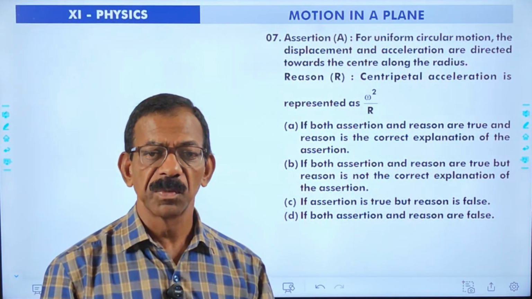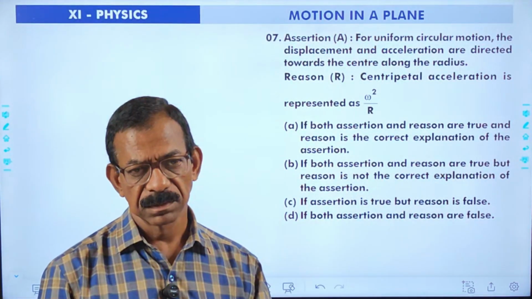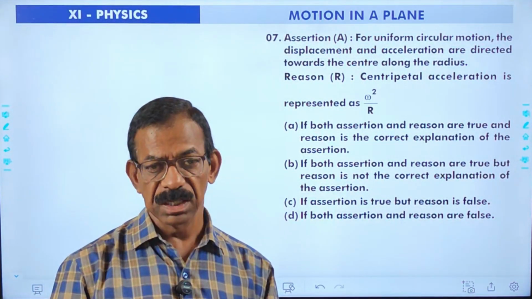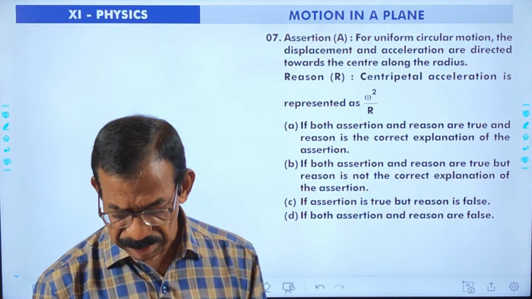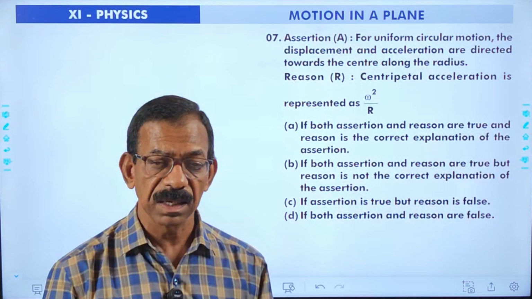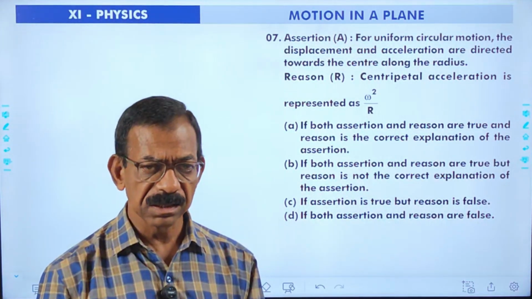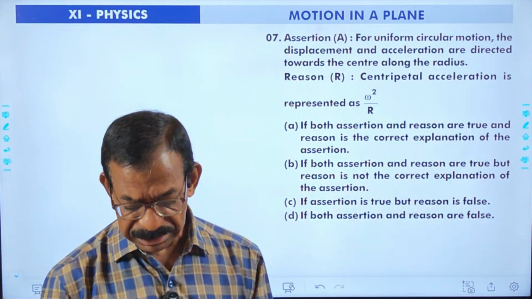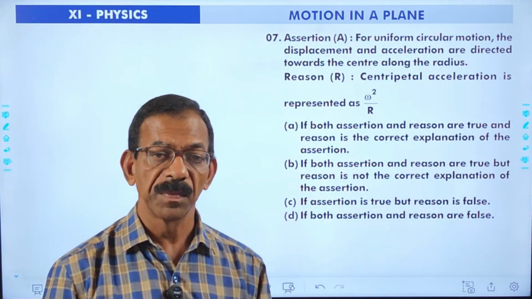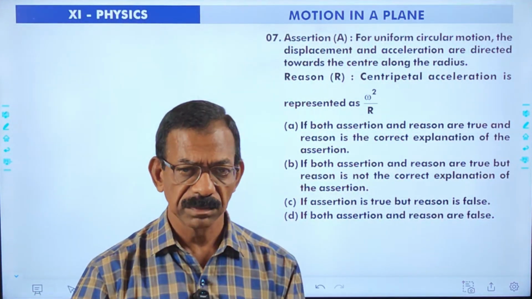Here it is mentioned about uniform circular motion. Here in the assertion it is given that for uniform circular motion, the displacement and acceleration are directed towards the center along the radius, but it is wrong. And the reason given is that centripetal acceleration is represented as A equal to omega square by R. It is also wrong.